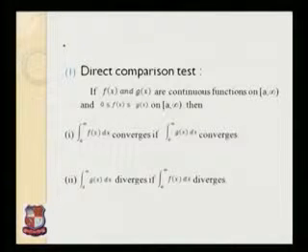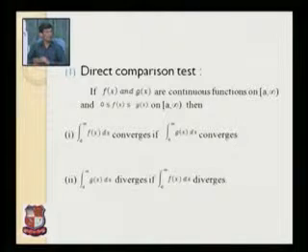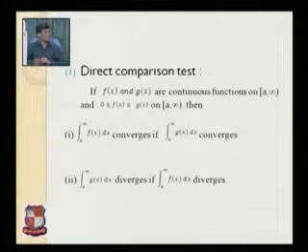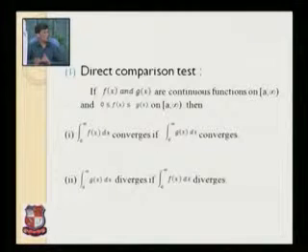If f of x and g of x are continuous functions on the half open interval a to infinity, and 0 is less than or equal to f of x less than or equal to g of x on the interval a to infinity, then we have two possibilities.